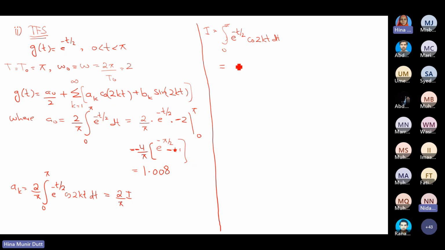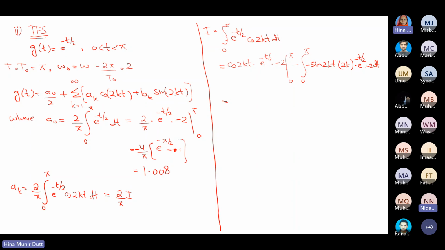So this becomes first function as it is, integral of the second function minus 2, then integral from pi to 0 minus 0 to pi, derivative of the first function, that is cos of 2kt minus sine 2kt multiplied by 2k, integral of the second function e to the power minus t over 2 dt.